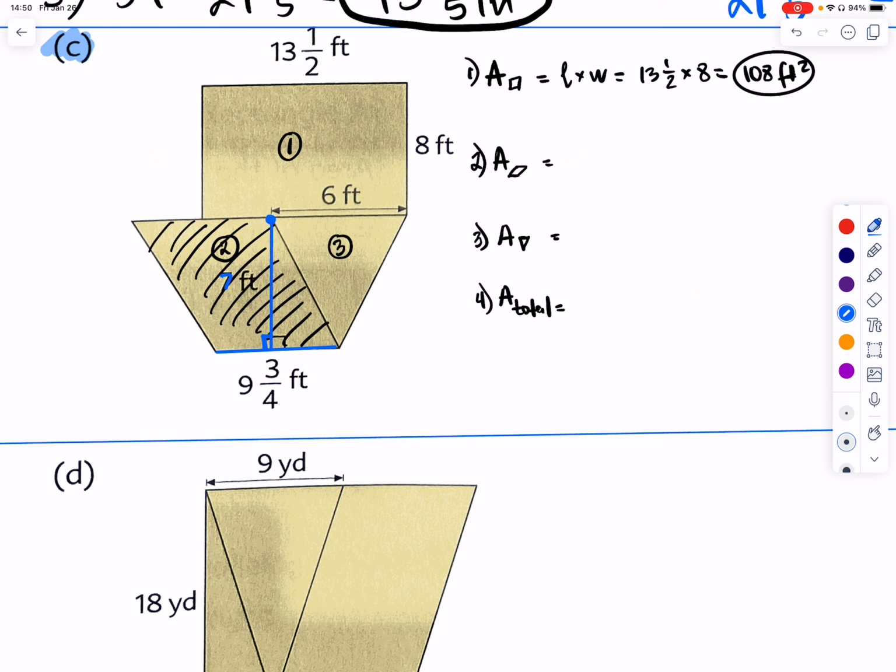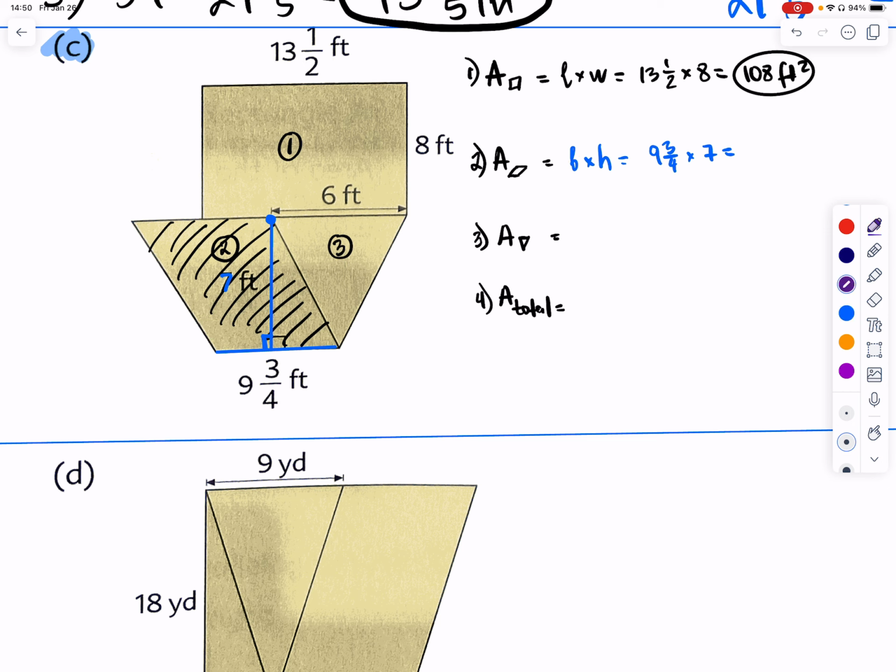Right here it says 7 feet. So let's write down the area of a parallelogram. It is base times height, which if we substitute our values, will be 9 3/4 feet times 7 feet. I will let you calculate it. I don't have the answer sheet.